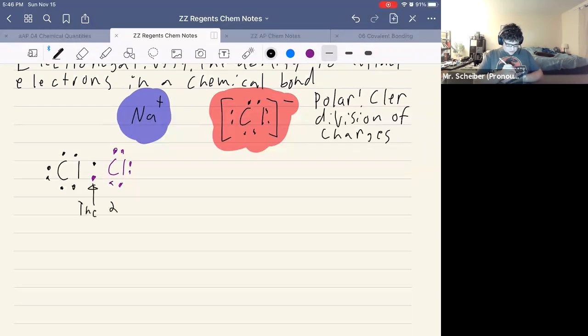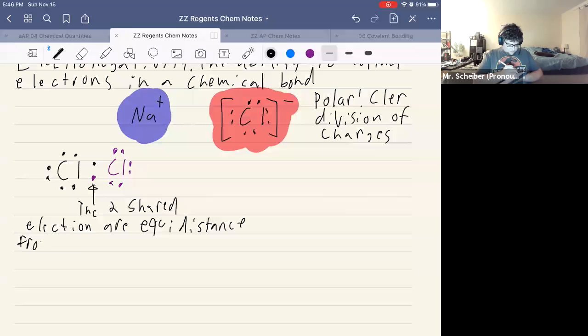So the two shared electrons are equidistant from both nuclei, both chlorine nuclei. And that's because the electronegativity difference is the same.